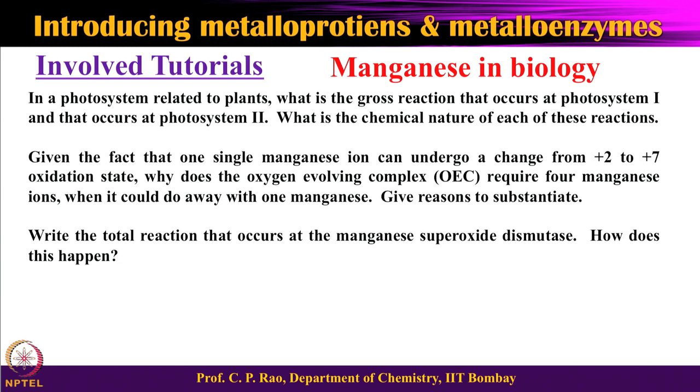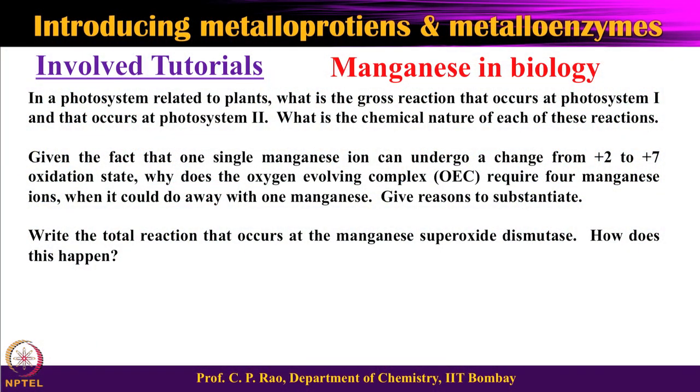So, what is this reaction? This reaction is basically oxidation, that is 2H2O giving rise to O2 plus 4H plus and 4 electrons. So, totally how many electrons? 4 electrons. If you have one manganese in 2, it can go to 3, it can go to 4, 5, 6, or if it is in 7, it can come to 6, 5, 4, 3.